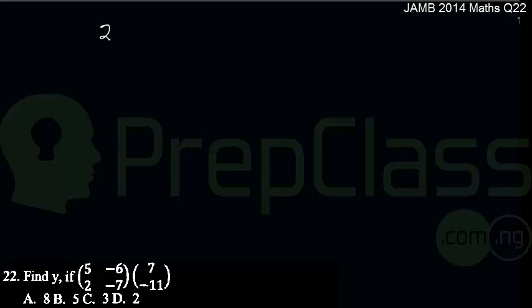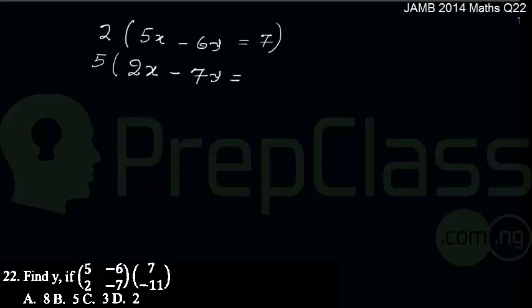So basically equation 1, I would have 2 into bracket 5x minus 6y equal to 7. Everything there will be multiplied by 2. And equation 2 will be multiplied by 5, in order to make the values of x in both equations the same. So I will have 5 into brackets 2x minus 7y is all equal to minus 11.